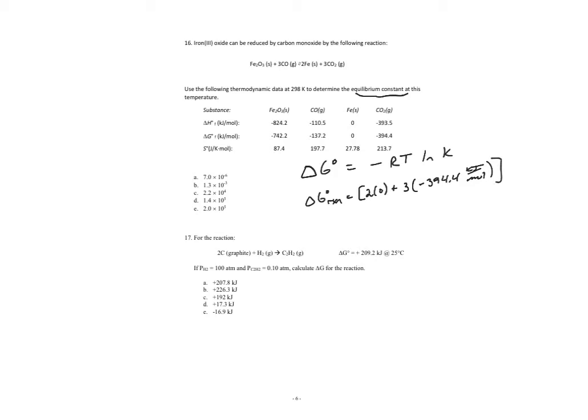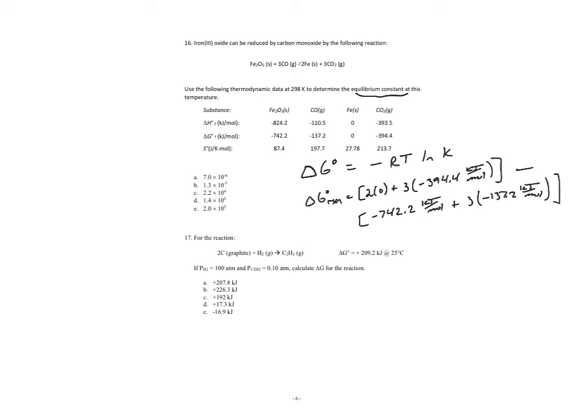Those are my products minus my reactants. Fe2O3, that delta G is negative 742.2 kilojoules per mole. And then for carbon monoxide, we have 3 moles of negative 137.2 kilojoules per mole.